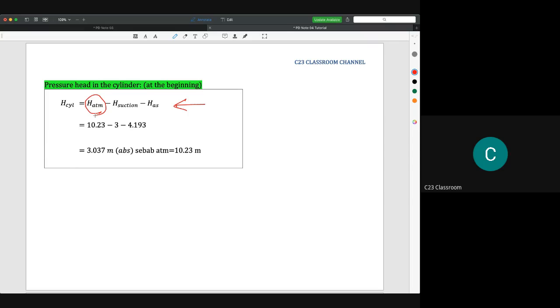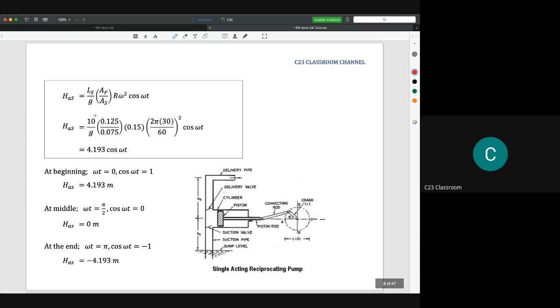At the beginning, the pressure at this area is atmospheric pressure, and the pressure here is atmospheric pressure too. So the pressure is balanced. That's why the surface of water remains at this level.